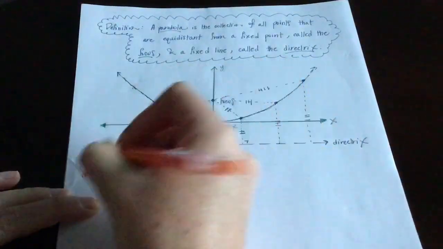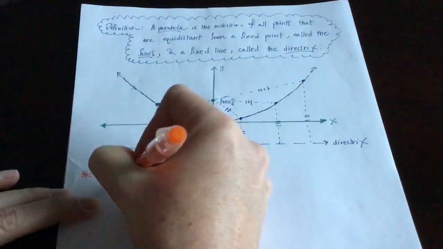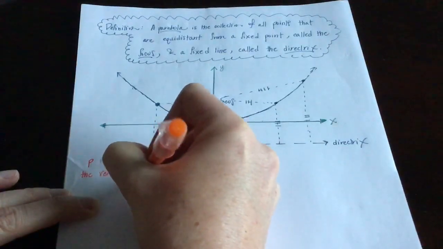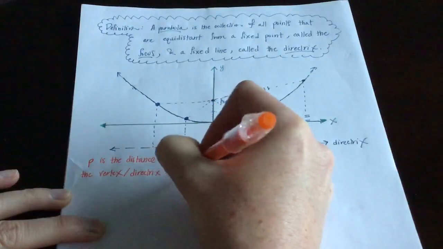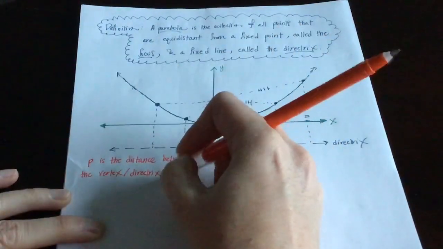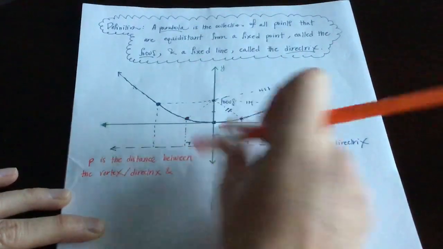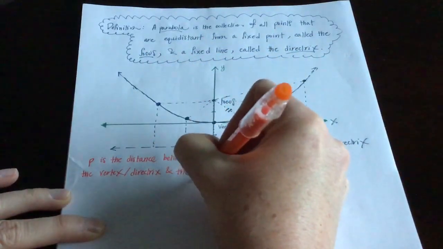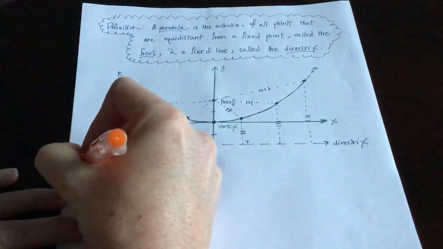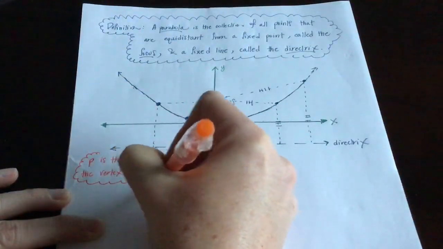And because of how this was drawn, you could easily take the word vertex out and replace it with directrix. Like that.